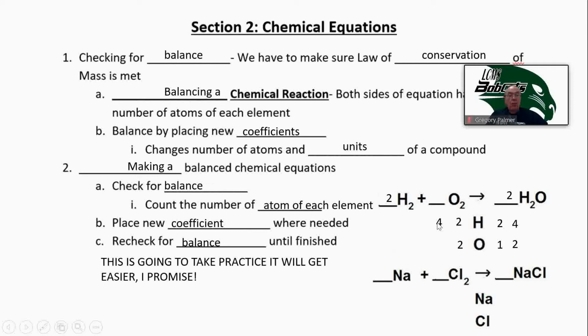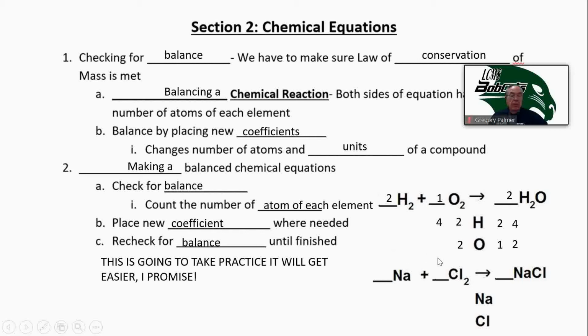Now if we check, we have 4 hydrogens on the reactant side, 4 hydrogens on the product side, 2 oxygens on the reactant side, 2 oxygens on the product side, so this is balanced. And remember, there's an understood 1 here. If you're doing these online and submitting them electronically, you need to put in the 1, because a computer doesn't really take an empty space.